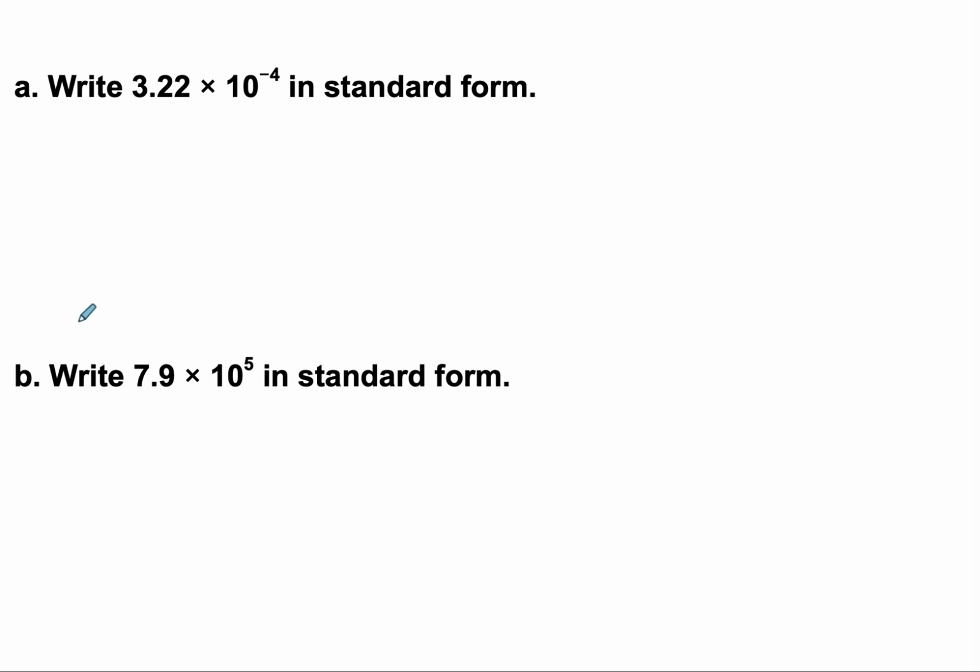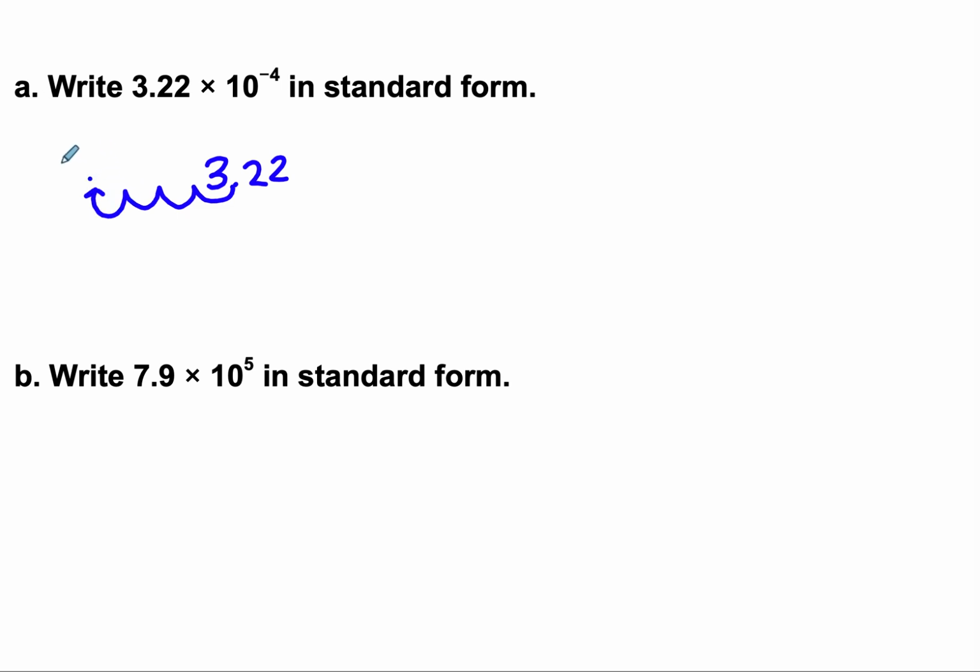All right, so write 3 22/100 times 10 to the negative 4th power in standard form. This negative exponent tells us that our starting number, 3 22/100, is going to become smaller. In order for it to be smaller, the decimal is moving to the left, 4 spaces for that 4 in the exponent. 1, 2, 3, 4.